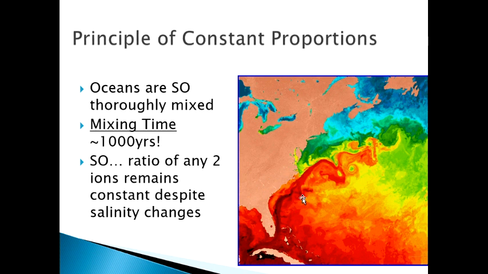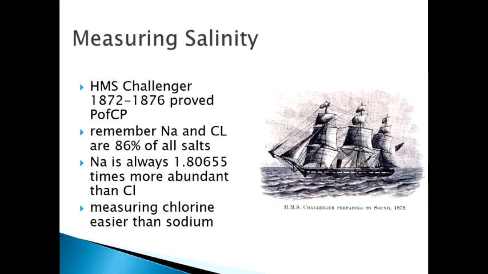What this means is that if you look at the percentage of sodium versus the percentage of chlorine versus the percentage of silica versus the percentage of whatever, it essentially remains constant regardless of any salinity changes. How do we measure salinity?